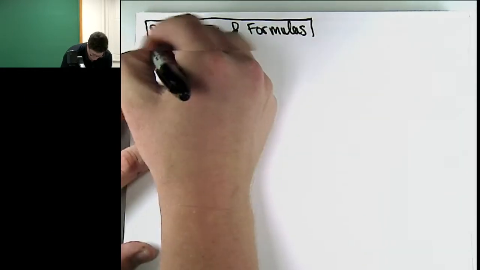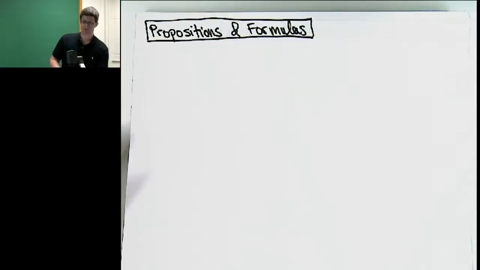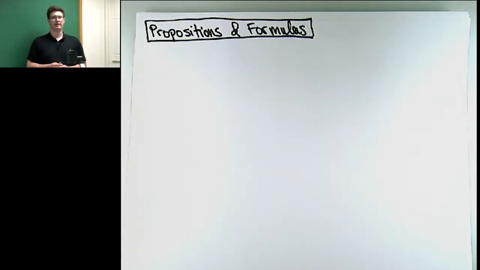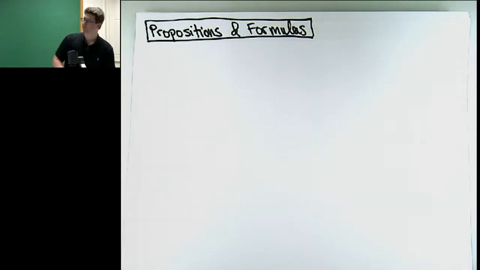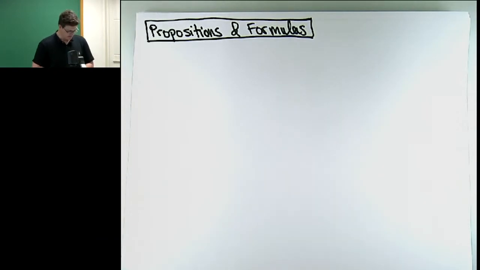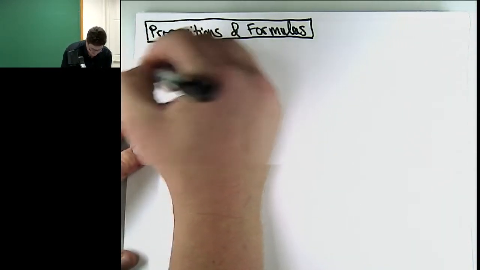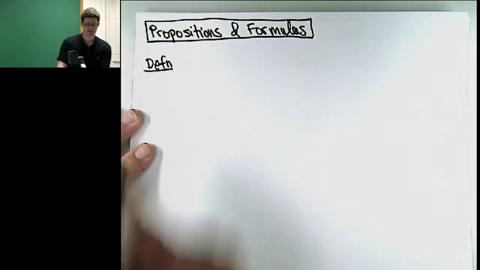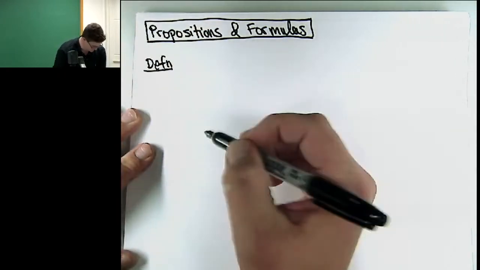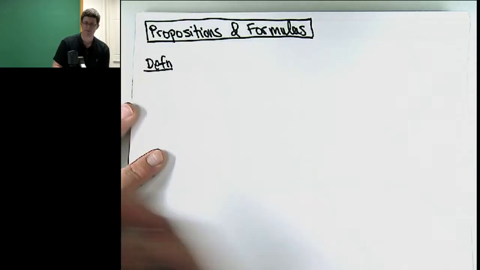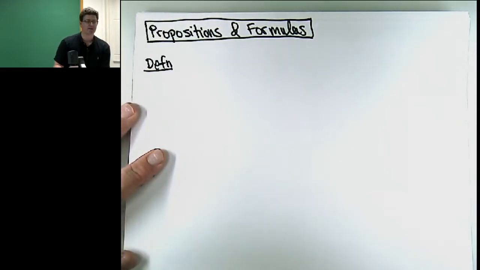When I do a section, I usually make a little box at the top here, and that indicates that I'm going to start a topic. So the topic I'm going to start talking about is propositions and formulas. Okay, let me give you a definition. When I make a definition, I'll make a definition environment, and the thing that I define, I'm going to underline.